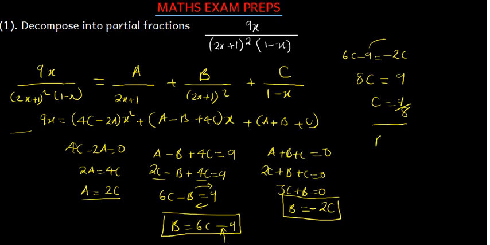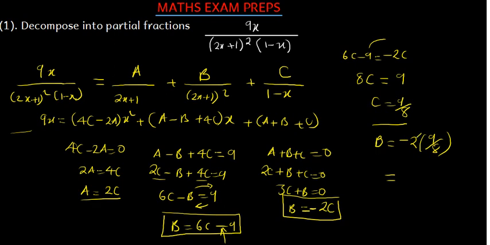And then to find the value for b, where there is c, I can use either this one or this one. So let me use this one, which is negative 2c, to find the value for b. So b is equal to negative 2 times c, which is 9 over 8.